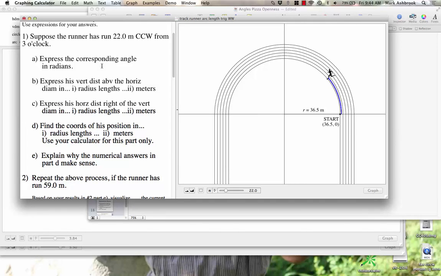She wants 22 over 36.5. People are nodding. Why? So why'd you do that? Right.